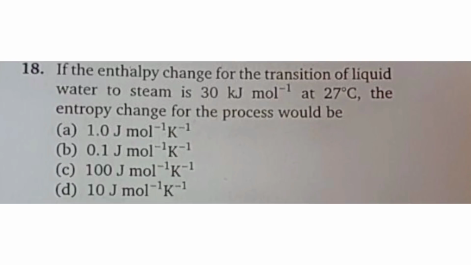Next one: if the enthalpy change for the transition of liquid water to steam is 30 kilojoule per mole at 27 degrees Celsius, the entropy change for the process would be.